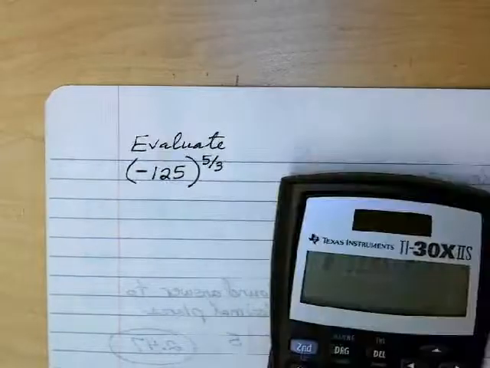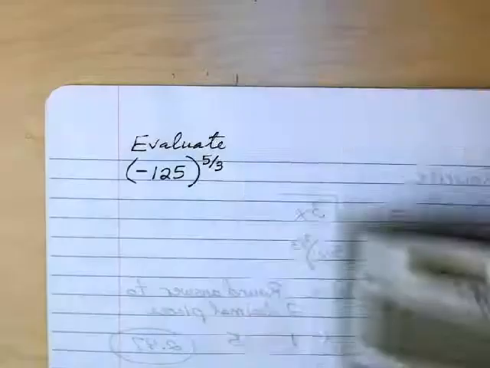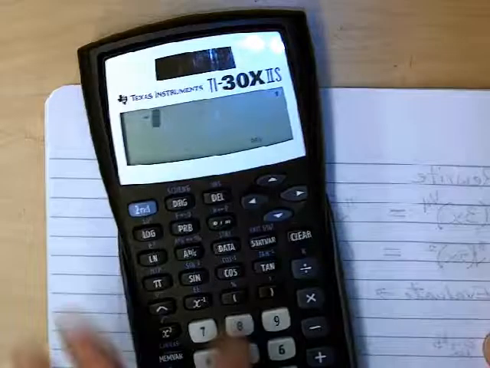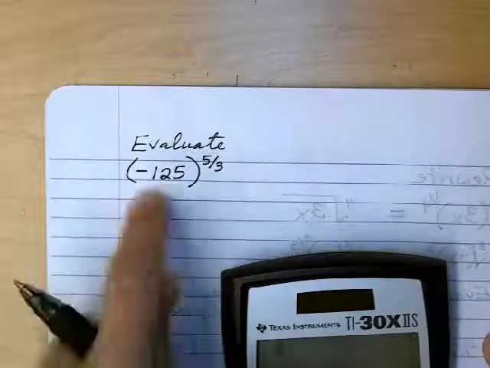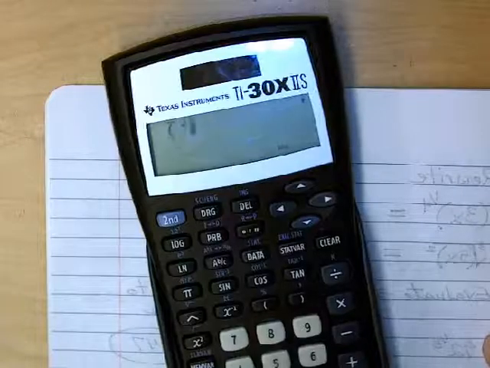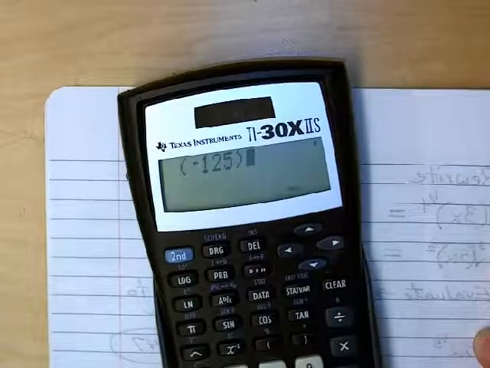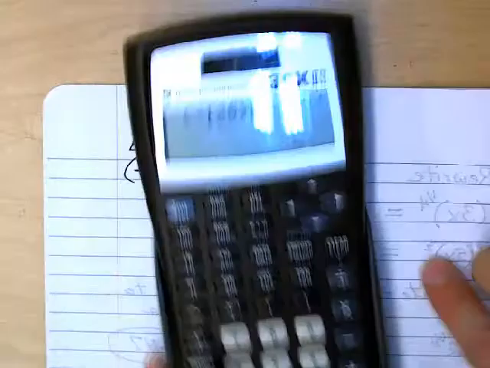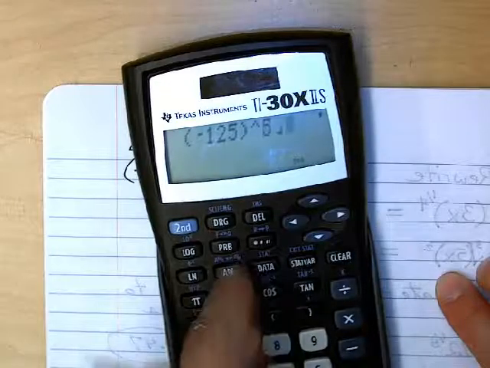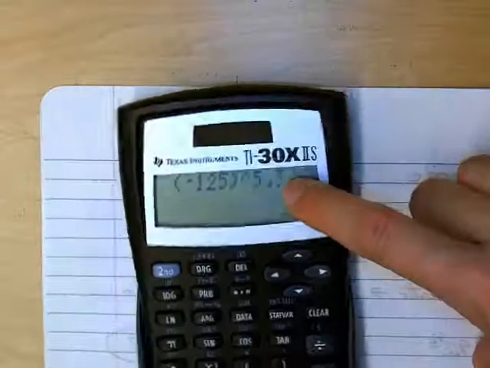I go to grab my calculator and try to type it in. They have parentheses around it, so parentheses negative 125, to the 5/3 power. I use my fraction key, 5 ABC 3.